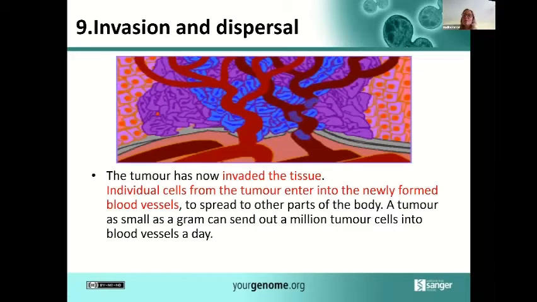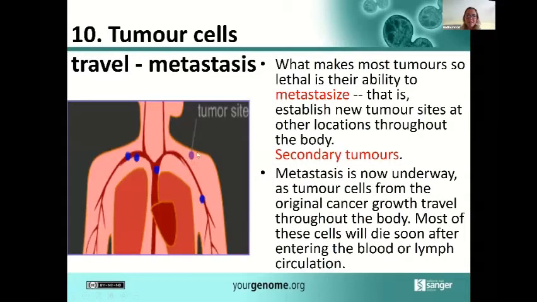So they'll move around in the blood. Interestingly, cancer cells can't survive very well in the blood, but you've got hundreds and thousands of them moving in the blood. So that increases their chance of survival. So once they get into the blood, they're going to spread to another part of the body.